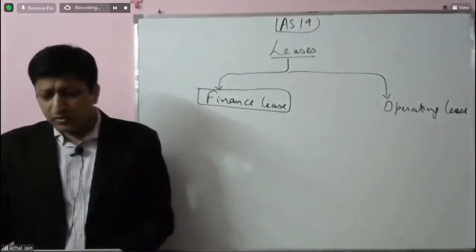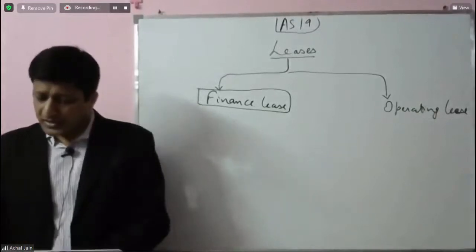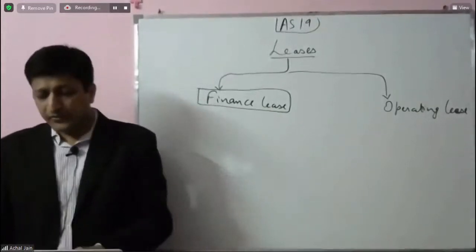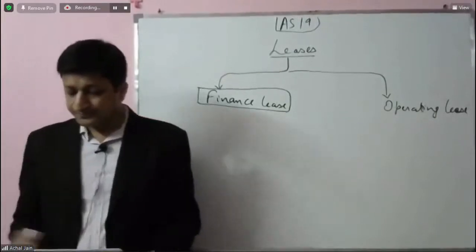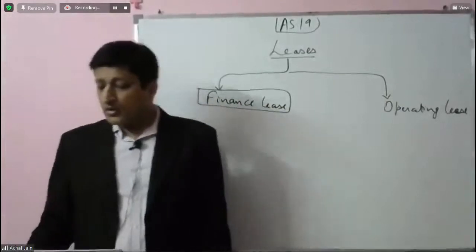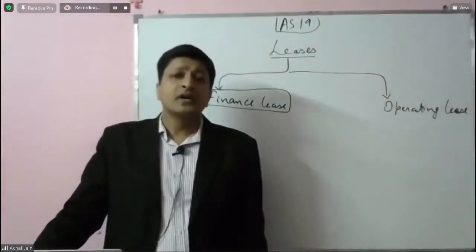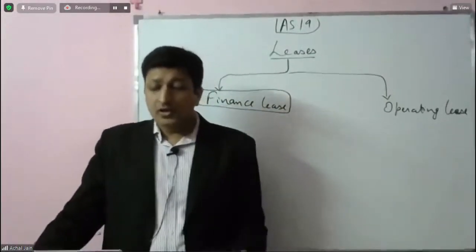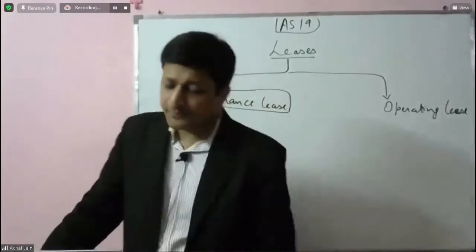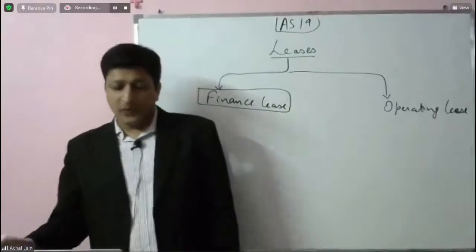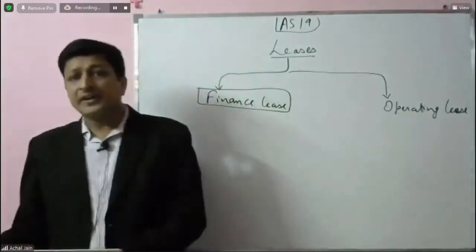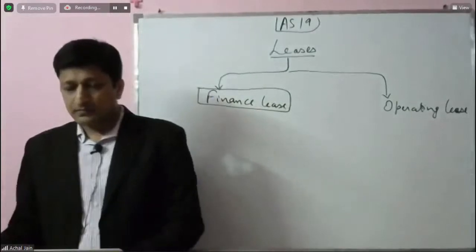And if you can draw some correlation to this concept, we have already talked about transfer of risk and reward. Can you tell me where was this concept discussed? Quickly, over to you. Can you tell me where did we discuss this concept?